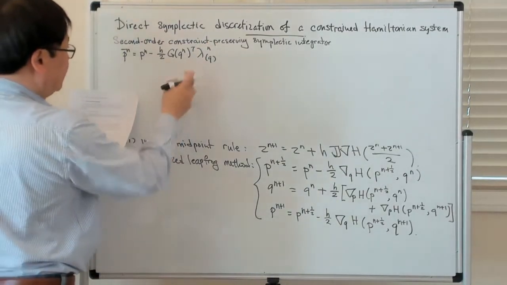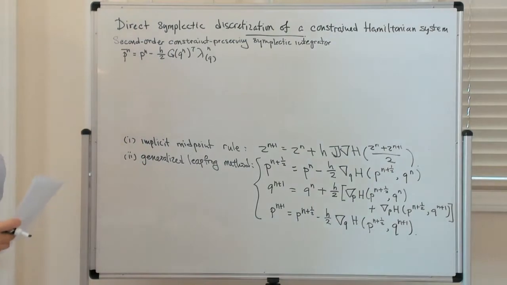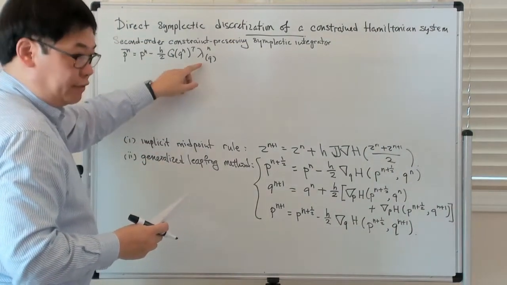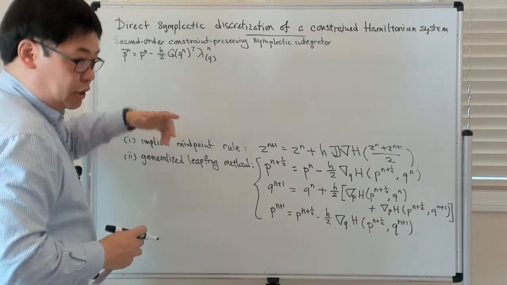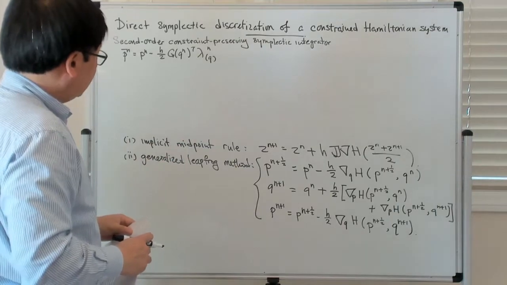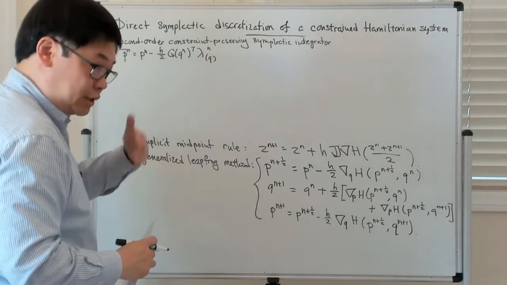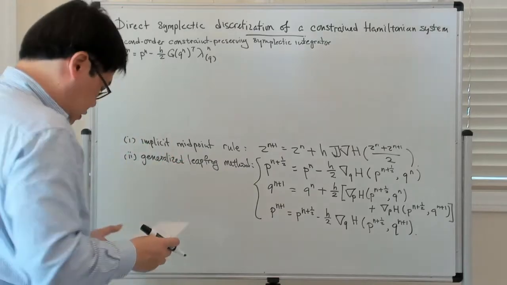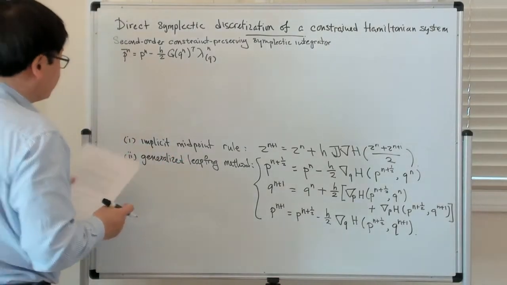All right, and as we saw with the Rattle method, there are going to be Lagrange multipliers which enforce both the condition that the new position is on the constraint manifold and that the new momentum is in the cotangent bundle, in essence.